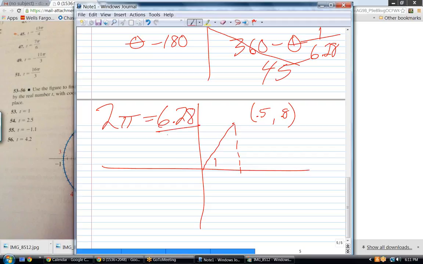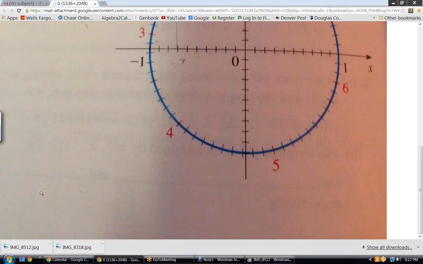Well, I got to divide everything by 6.28, or 2 pi. So I would have. I'm not sure why this problem is giving me difficulty, but it is.